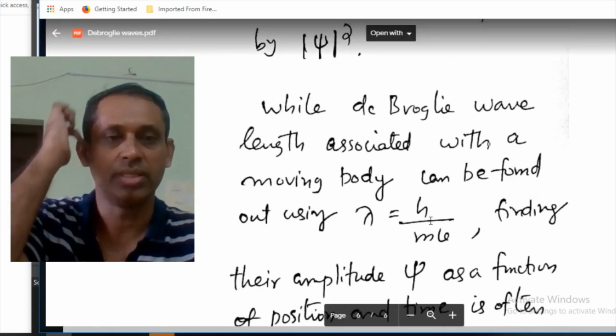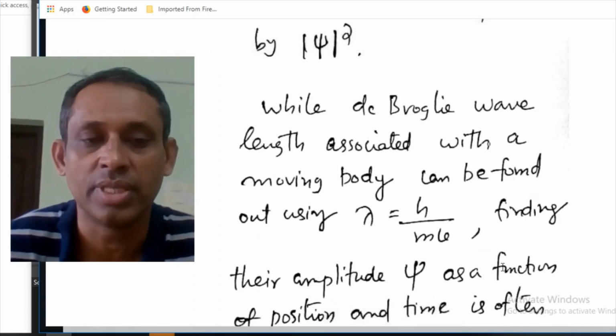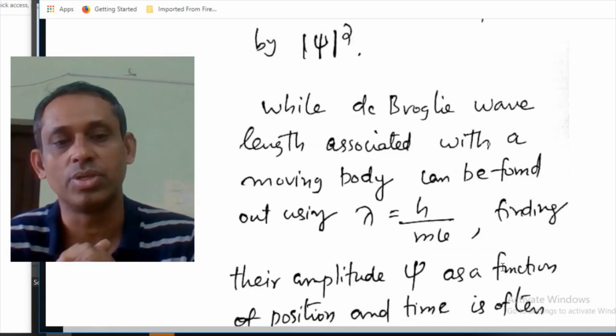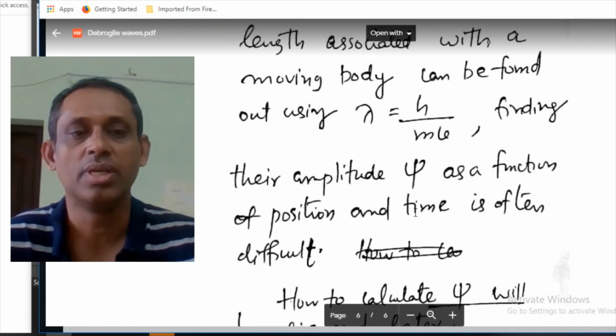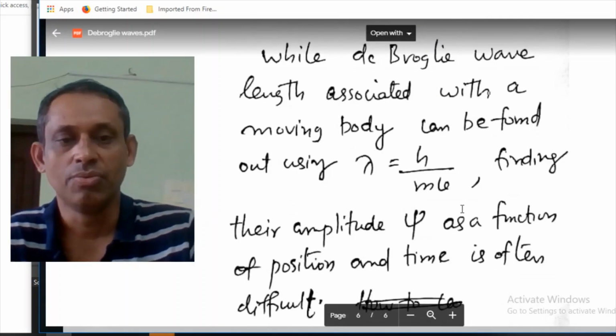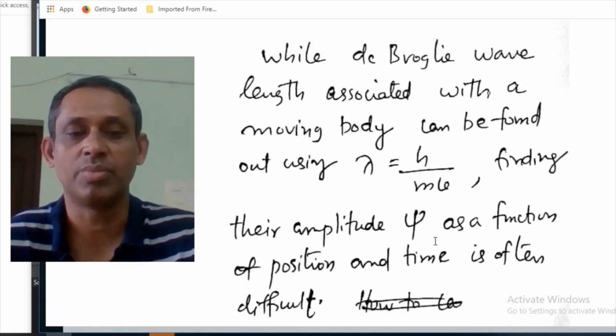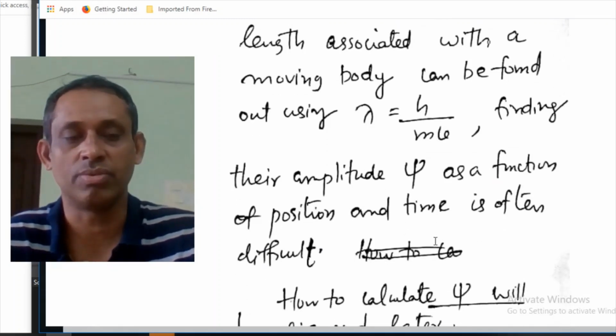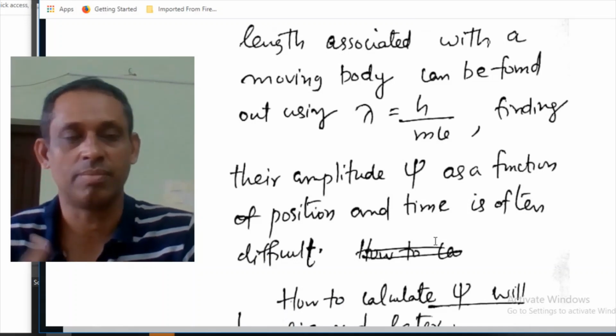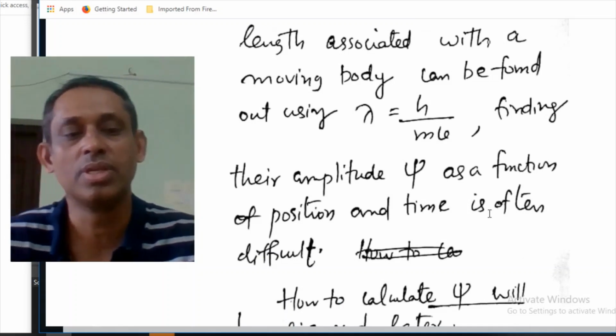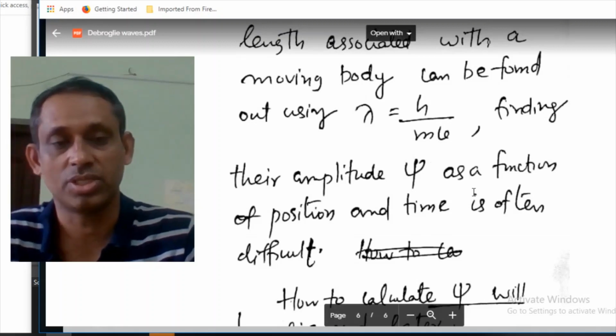Now, while the de Broglie wavelength associated with a moving body can be found using the equation lambda equal to h by mv, finding the amplitude psi as a function of position and time is often a very difficult thing. Some special methods will have to be used for finding the wave function psi.